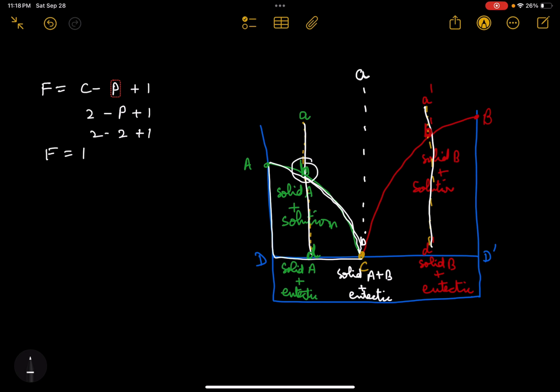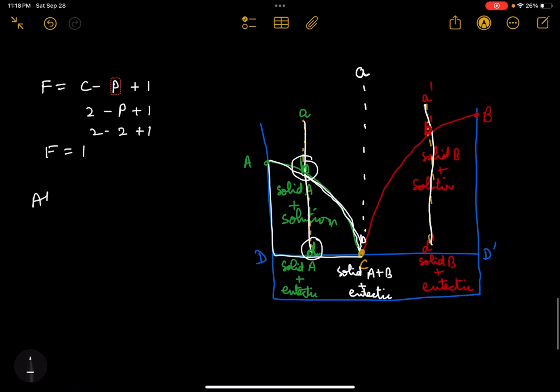At point D, when the eutectic temperature has been reached, the second solid also starts separating out. The system at point D has 3 phases. The number of phases is equal to 3. So the degree of freedom is equal to 2 minus 3 plus 1, that is 0.